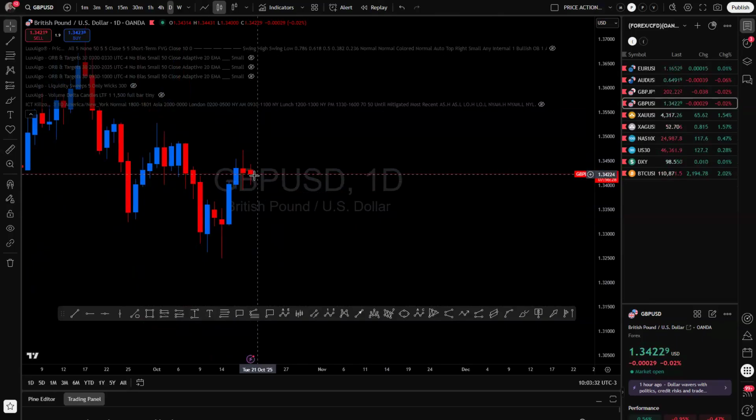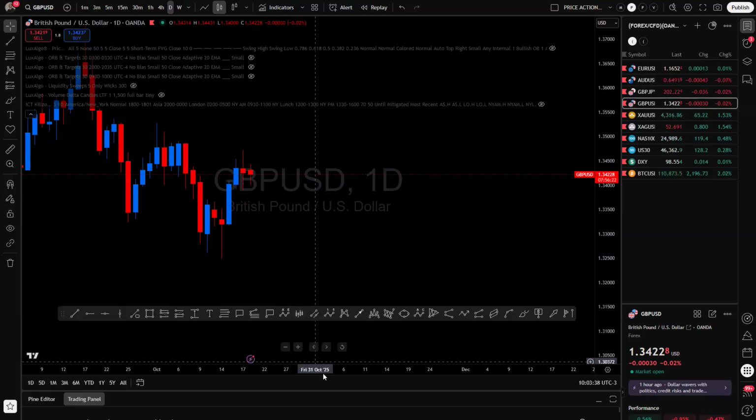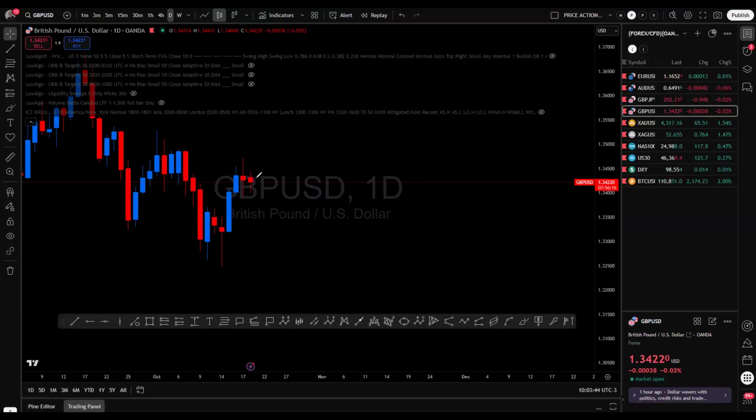Now it looks like it's forming some consolidation, but it closed bearish. Based on that, I expect price to do a manipulation of the bulls and then distribution of the bears on the smaller time frame.